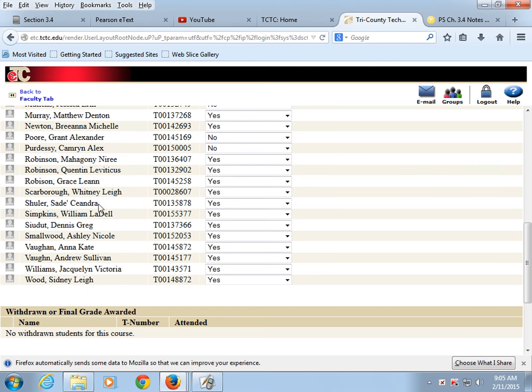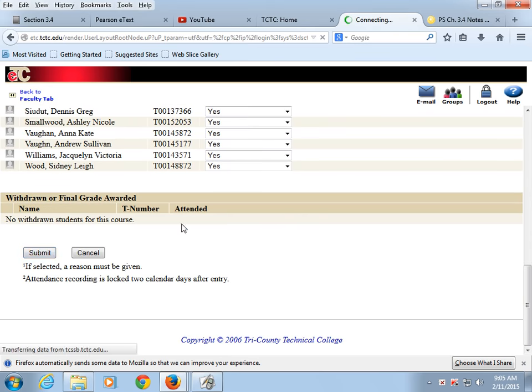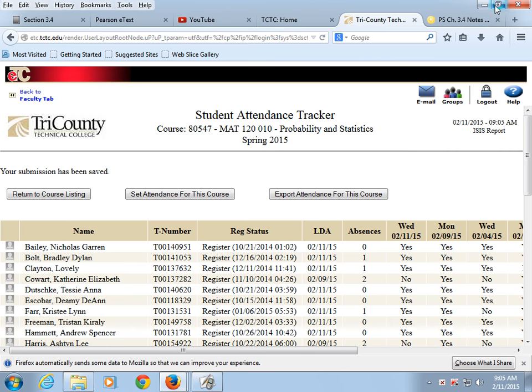Simpkins. Smallwood. Y'all keep switching seats on me. It messes me up. Vaughns are here. Williams and Wood. Okay, got the bureaucrats happy. Now we can keep on going.